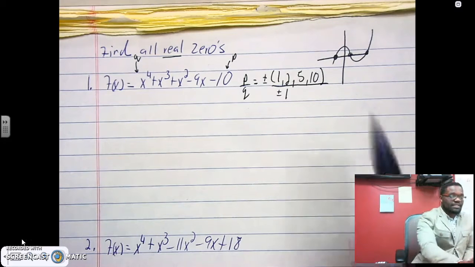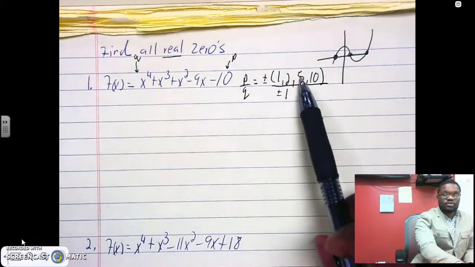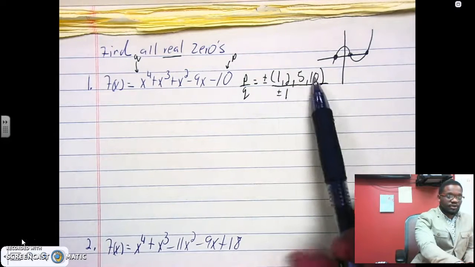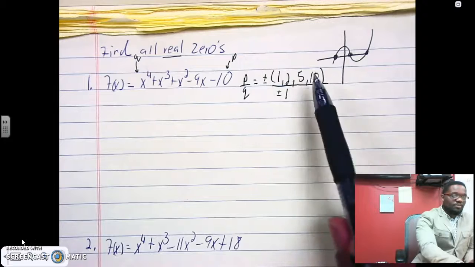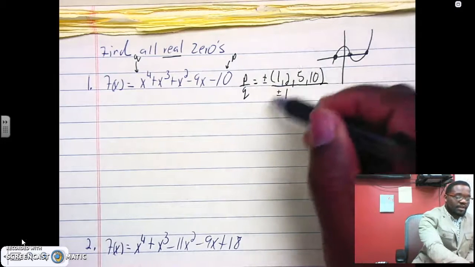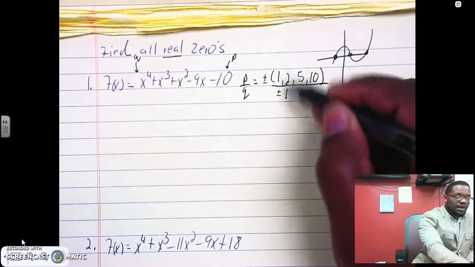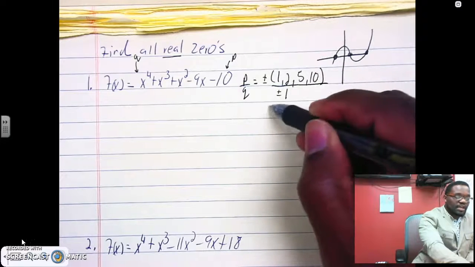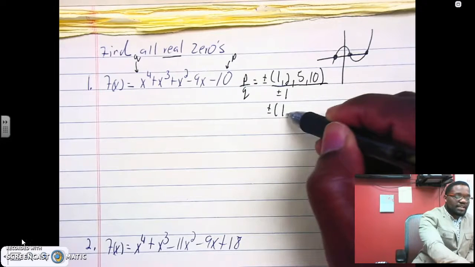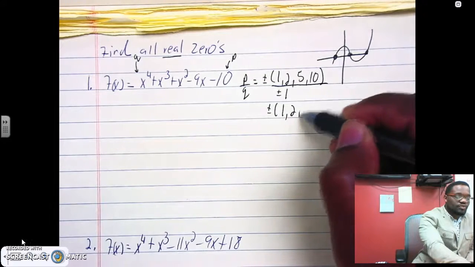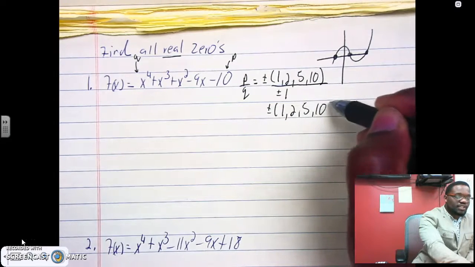What we've done here is listed all the possible rational zeros when we make our fractions. So let's go ahead and do that. Let's actually divide 1 and negative 1 into all of those. And when you do, you'll get positive and negative 1, 2, 5, and 10 all over again.